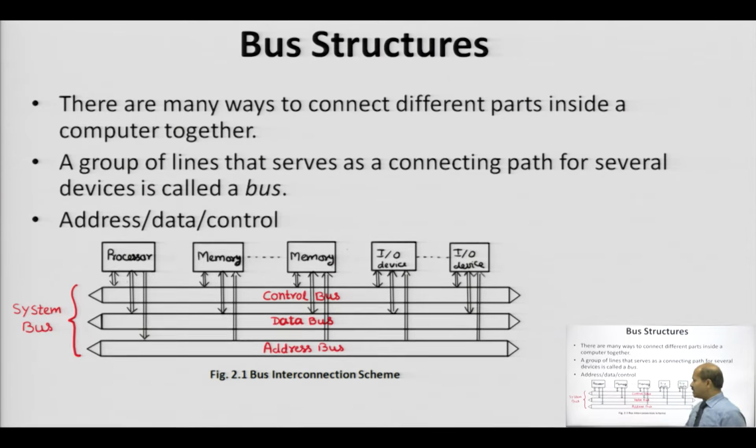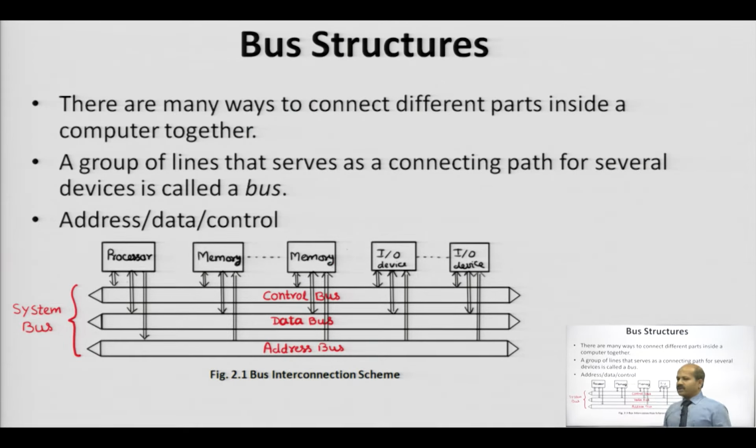So, this is a system bus, and this bus can be categorized into three parts: control bus, data bus and address bus. The task of each bus is different. Let us start with the control bus.